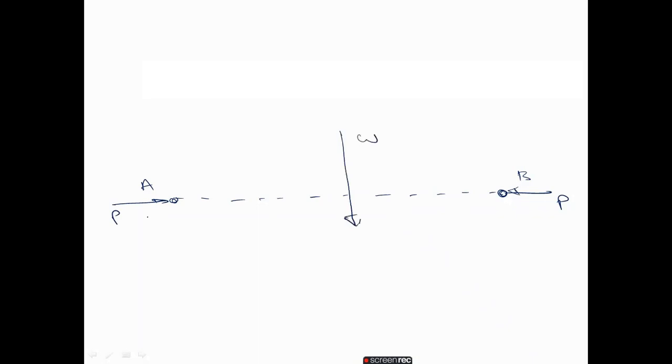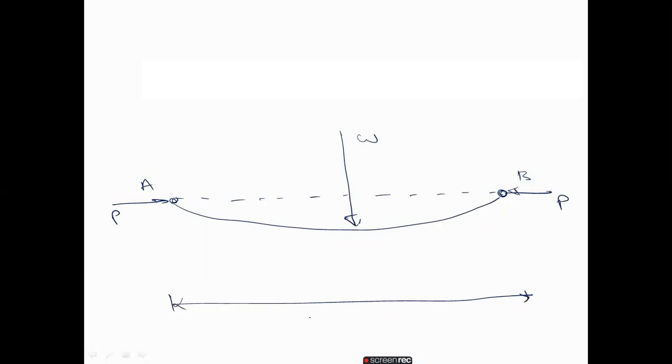This is the deflection or deformation. The total length of the strut is L. In this diagram, AB is a strut of total length L, subjected to the axial load P and the transverse point load W.